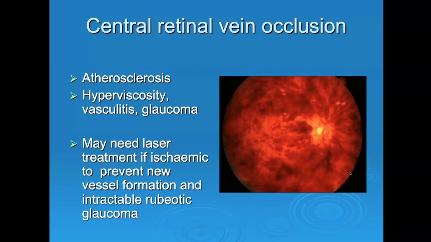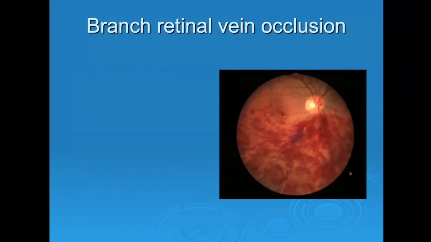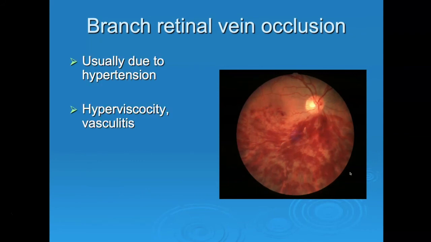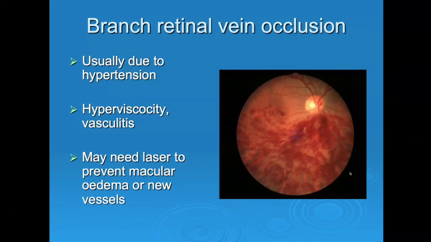Sometimes, if it doesn't resolve of its own accord, laser treatment can help to prevent ischemia, which, if left untreated, can cause new blood vessel formation and rubeotic glaucoma, again very similar to diabetic retinopathy. Branch retinal vein occlusion is a similar sort of etiology to central retinal vein occlusion and is associated with the same risk factors.